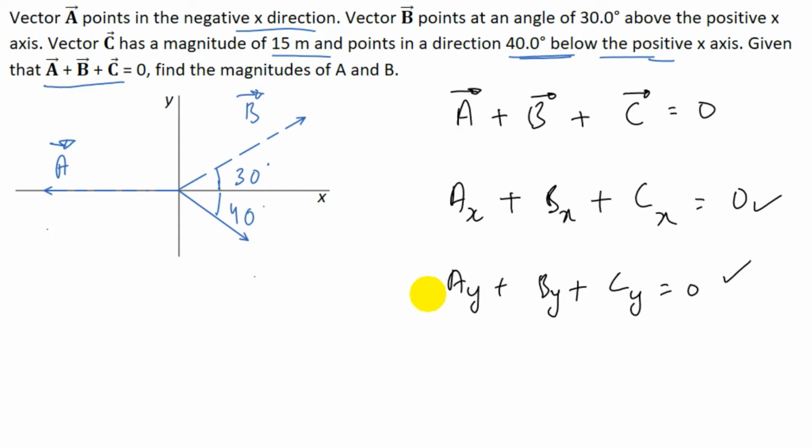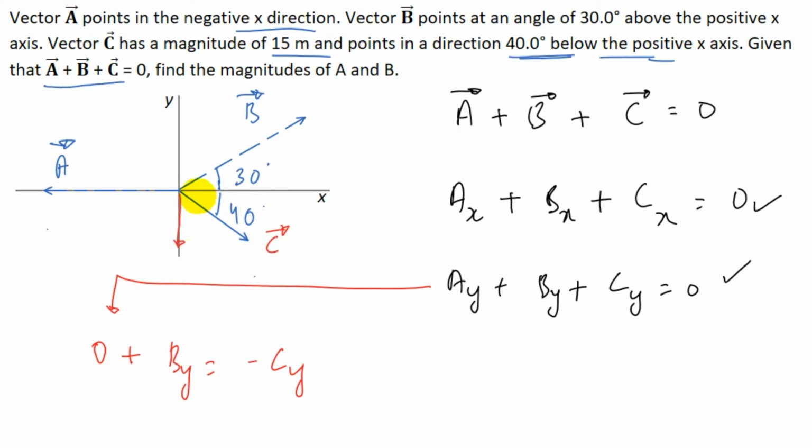Now from this equation, this vector is along the negative x, so there should not be any y component. So this thing we can write, this should be 0 plus By, and this will be equal to minus Cy. Now Cy is the y component of vector C, and this is our vector C. So this will be its y component, and it's along the negative x, negative y.